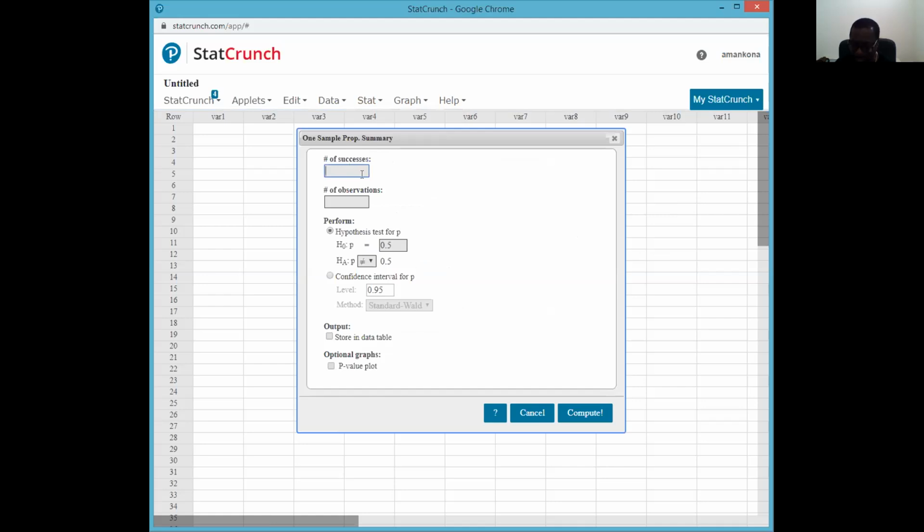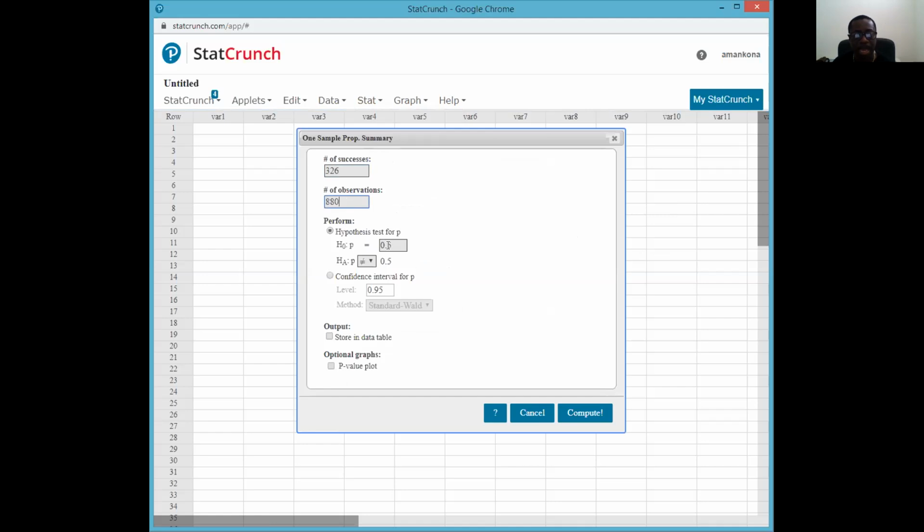What's the number of successes? Remember, it is 0.37 times the 880. That gives me 326. You get 325 point something, but you round it up, and this is 880.